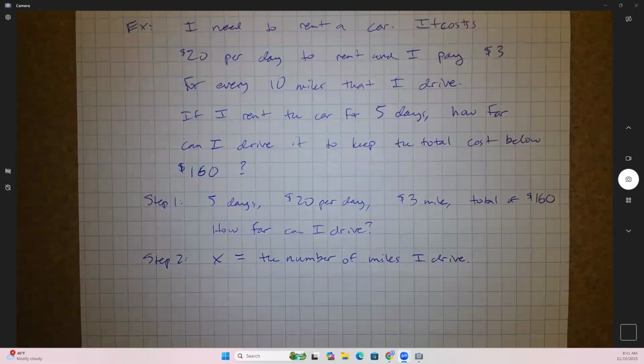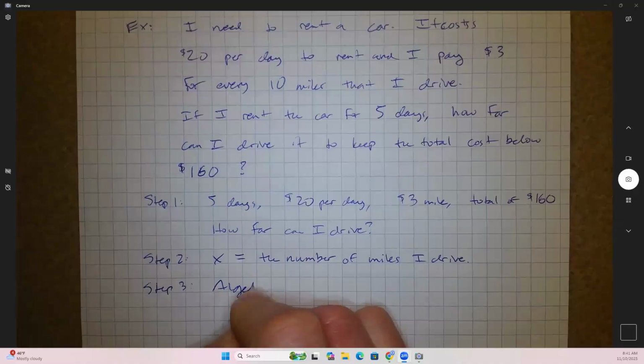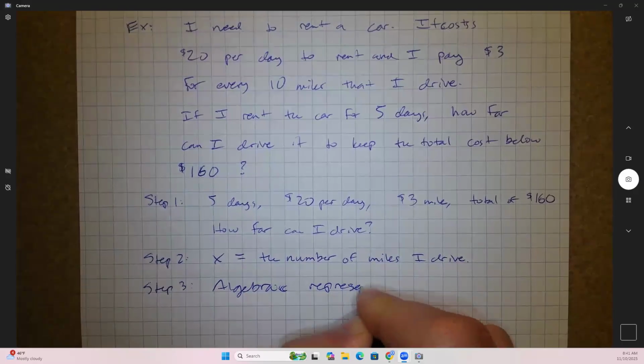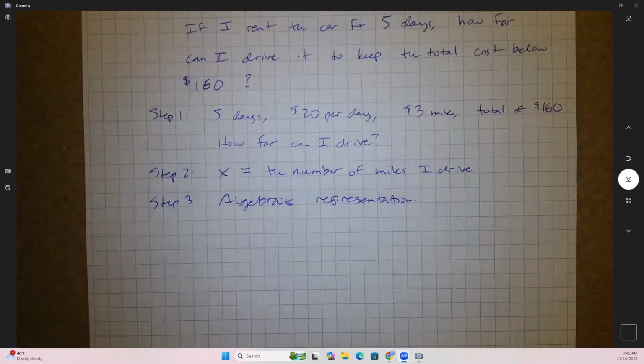We'll get to those in the future. But I am going to use a table. I want an algebraic representation, but I'm going to start with a table.